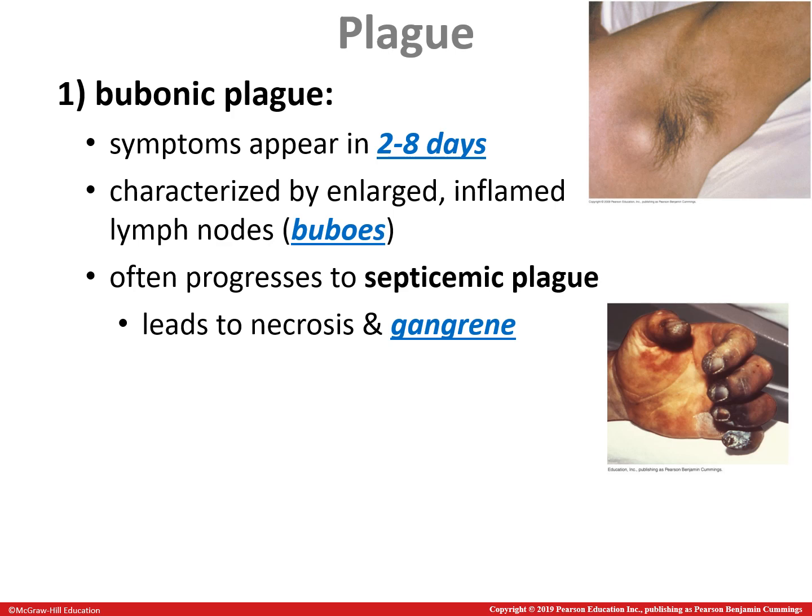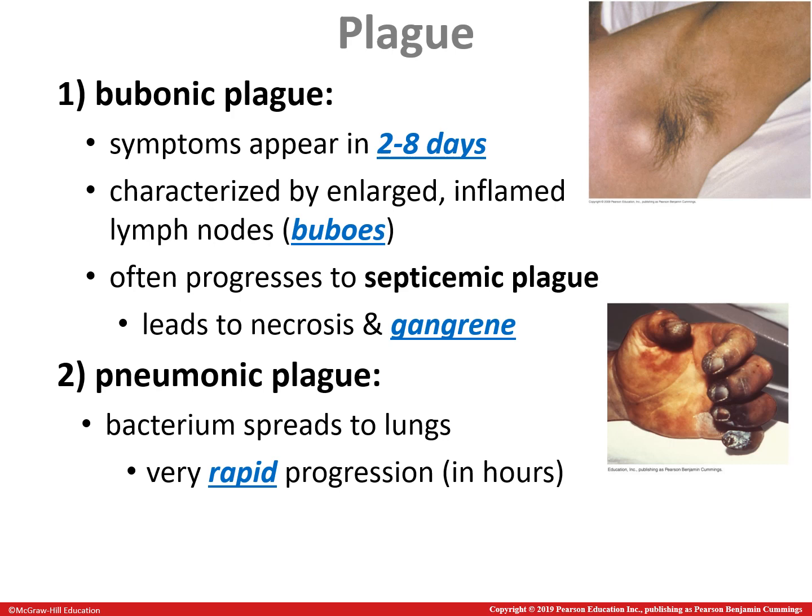Very often bubonic plague was also called the black plague because those tissues became black with necrosis. Recall that the pneumonic plague, because it can be spread through respiratory droplets, those symptoms can actually progress within hours.